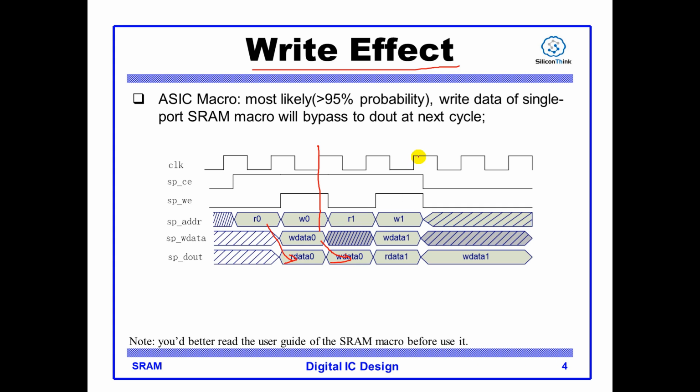So you have to mention the write effect on D out. Write operation will change the data on D out. This is the most likely case, I think more than 95 percent probability, and you are suggested to read the user guide to check the behavior of write operation before using it. Okay, this is very important.